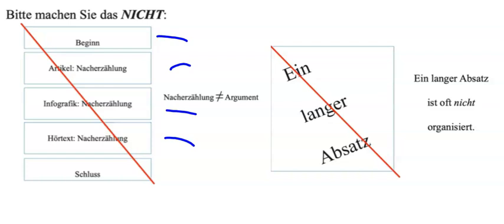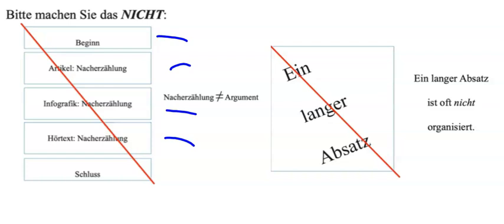What not to do. Bitte machen Sie das nicht. Don't have a 5-paragraph essay with a Beginn, mit dem Schluss, with an intro and a conclusion, in which you have one paragraph about the article or text, where you're just doing a Nacherzählung, like a re-narration or a summary, and then a paragraph that's just a summary of the infographic or the graph, or one about the listening or the Hörtext.